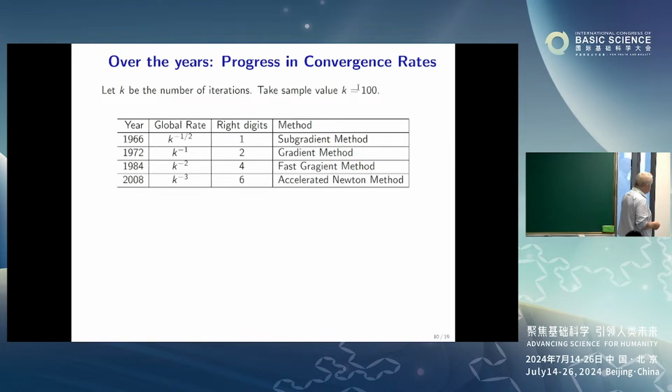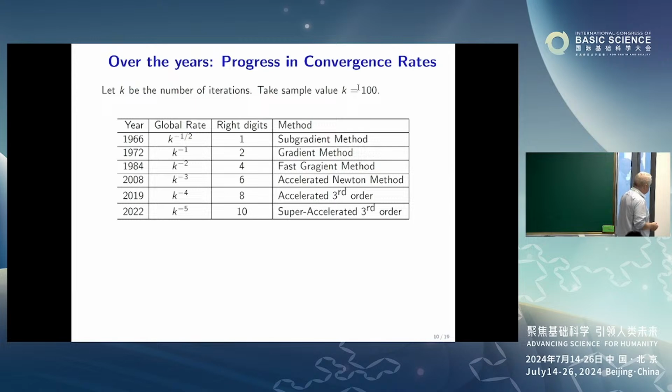After that, silence, but which digit in the accelerated third order method, and today, the best possible after 100 iterations, the digit of the answer.